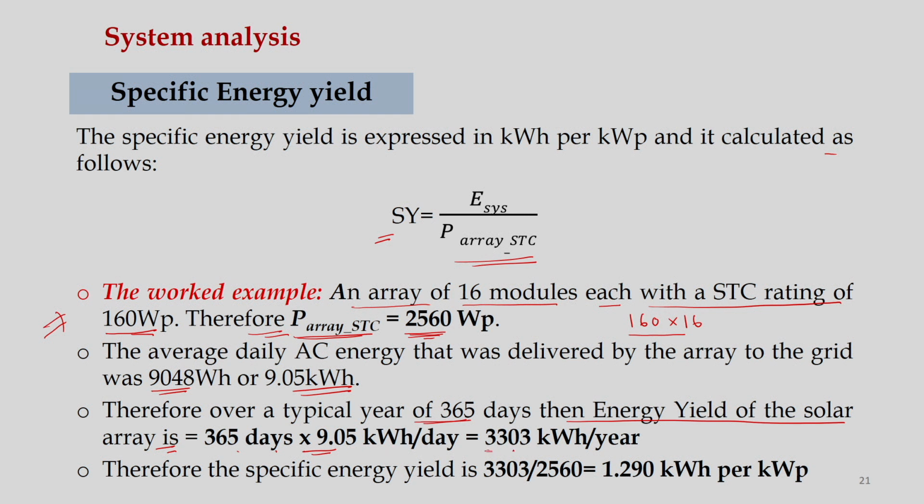So, it will be 3303 kilowatt hour per year. Therefore, the specific energy yield will be 1.290 kilowatt hour per kilowatt peak. This specific energy is very, very important. In this problem, what we got is 1.290 kilowatt hour per kilowatt peak.